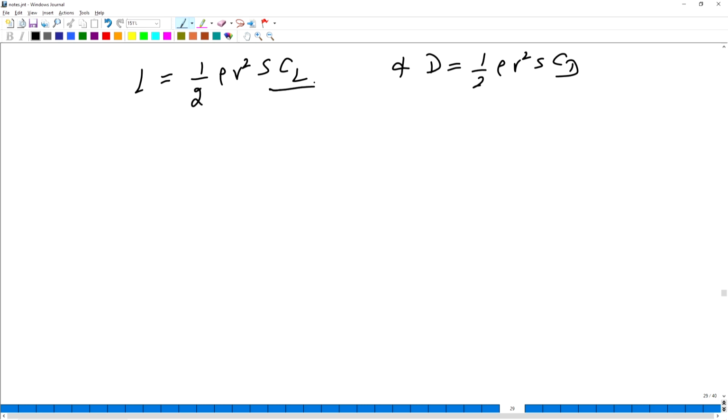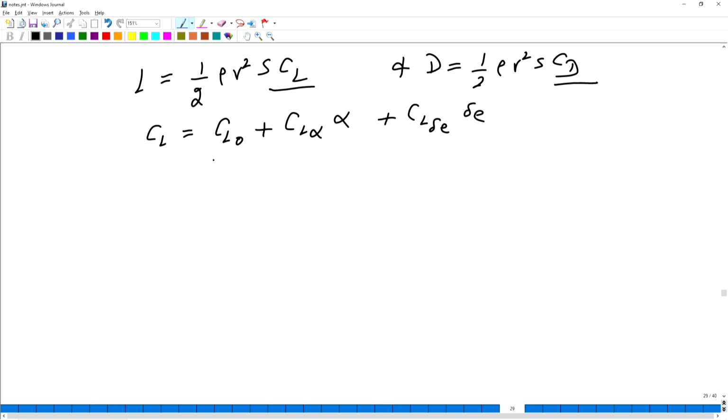Now we need to model this CL and CD. CL is given as CL naught plus CL alpha into alpha plus CL delta E into delta E.